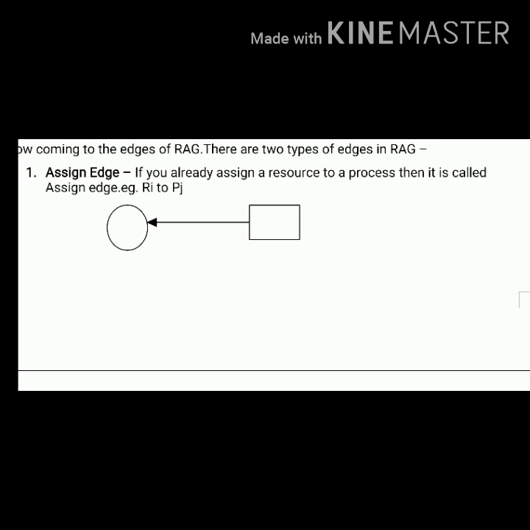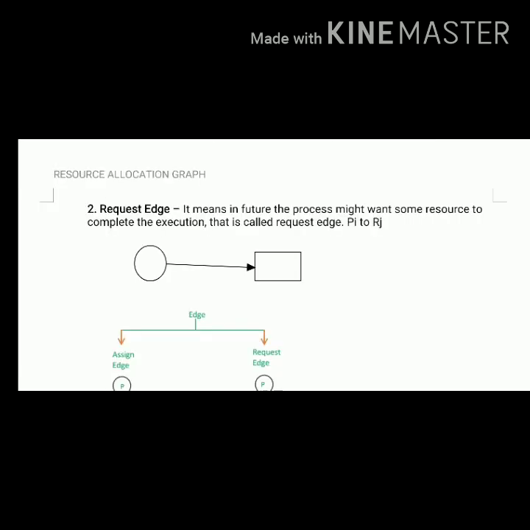And if we have the reverse of that, an arrow from a process to the box, that means the process is requesting that kind of resource. For example, P1 is requesting the resource R1 as shown in the given example. So whenever there is an arrow from box to process, the resource is already allocated.